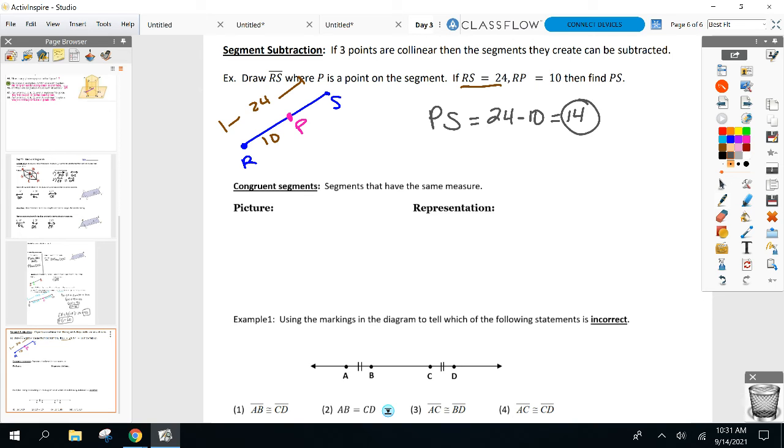So what I'd like you to do right now is draw 2 line segments for me that look like they're about the same length. Go ahead. Call one segment AB, the other CD.